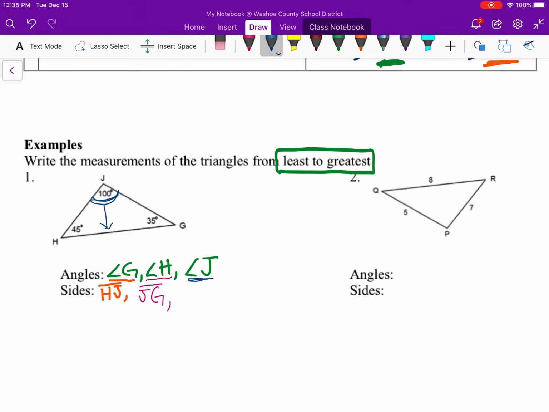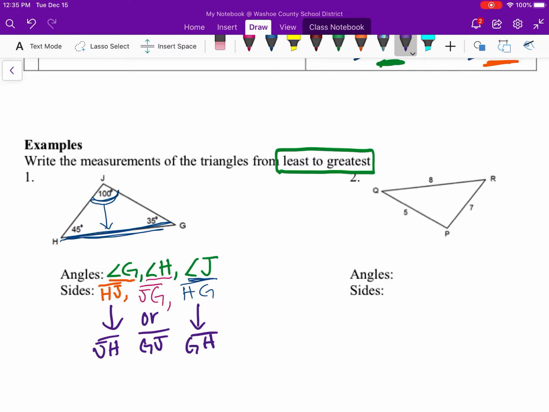My biggest angle, J, that's 100, across from my longest side, HG. And a quick reminder here that if any of these are switched around, so like if you wrote GH, that's fine. If you wrote GJ, that's fine. If you wrote JH, that's fine. You can switch the order of those letters. It doesn't really matter. Okay?